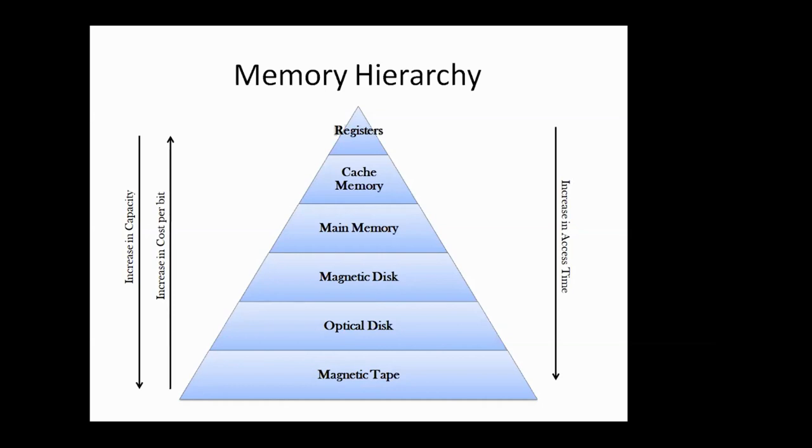You will see a laptop usually with a magnetic disk of 512 GB, which is half a TB, or in some you may find even 1 TB, even greater than that. Further down, there is an increase in capacity.